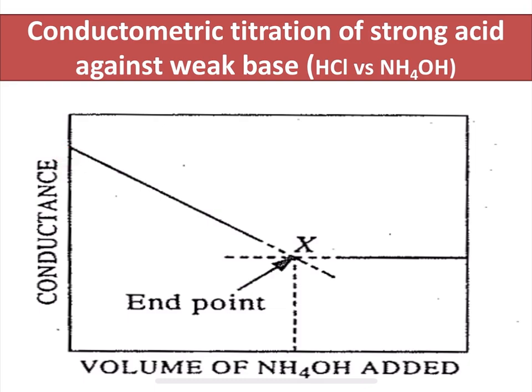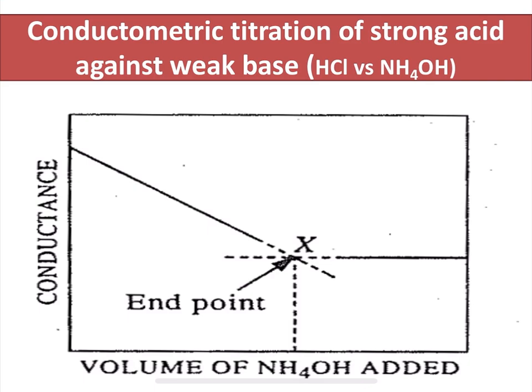Next, as we proceed with our titration and continue adding ammonium hydroxide 1 ml at a time to the hydrochloric acid, the strong electrolyte hydrochloric acid reacts with ammonium hydroxide and is replaced by a salt called ammonium chloride, that is NH4Cl. This is the reaction that takes place in this titration.